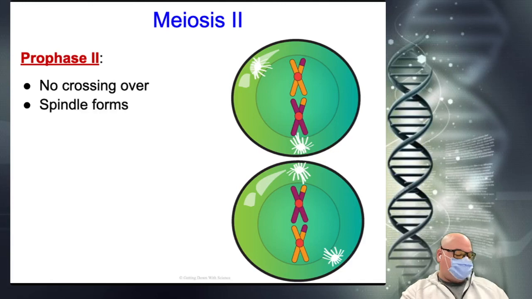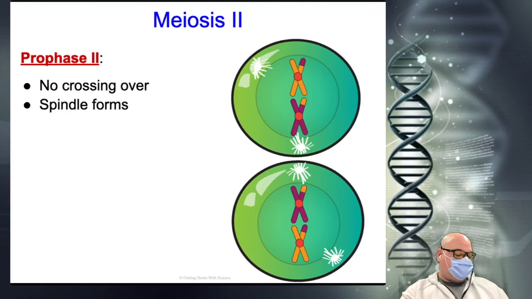All right, so just like before, a spindle forms. Now, what's the difference here? They're not tetrads anymore. They're just homologous pairs. And these are going to do the same things. You're going to line up in the middle, metaphase middle, and they are going to be unique.